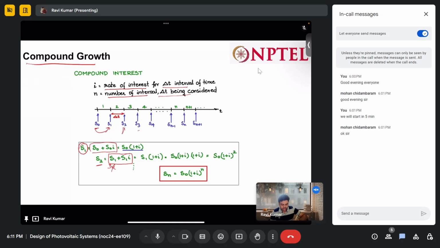The amount at the end of the first year will be the principal amount. This way we get an equation, and using it we get the particular formula for the compound growth model. It is just the compound interest model, same thing.